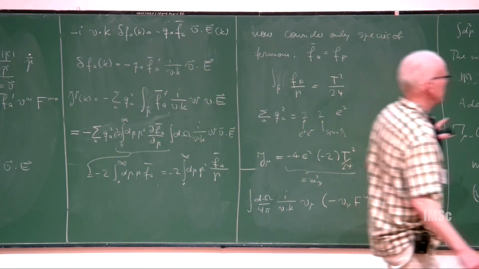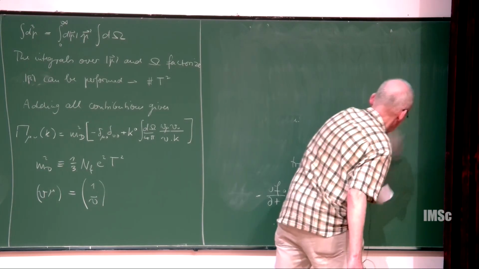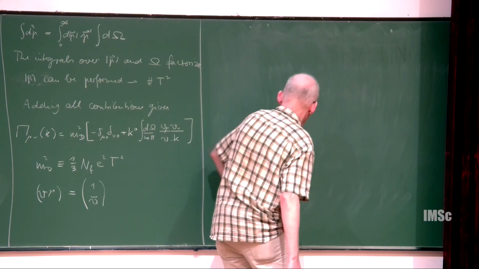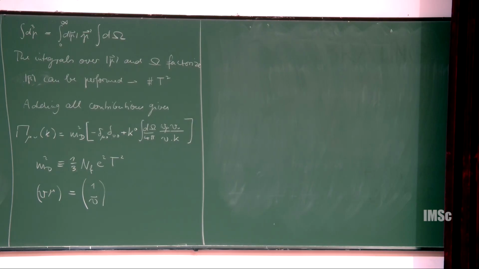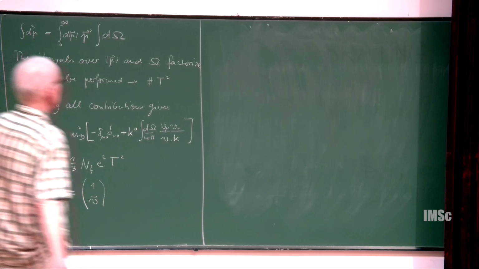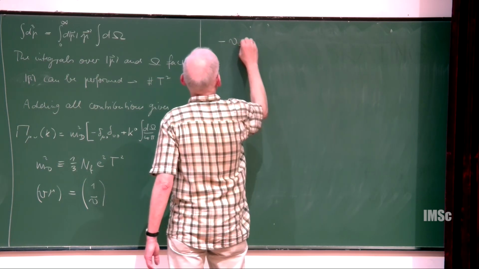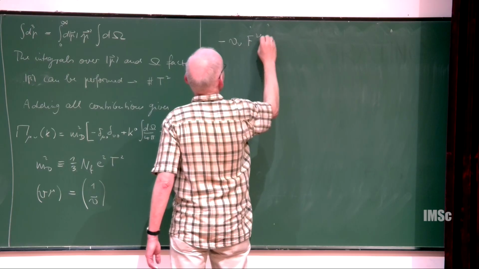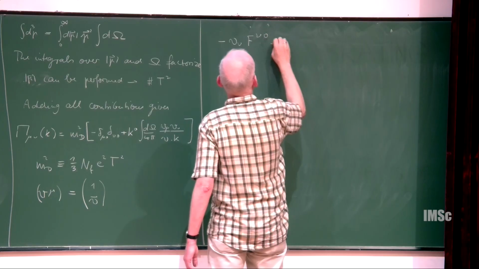So now we should still look at this. Okay, now what can we do about that term? We have minus v_ν F^{ν0}.